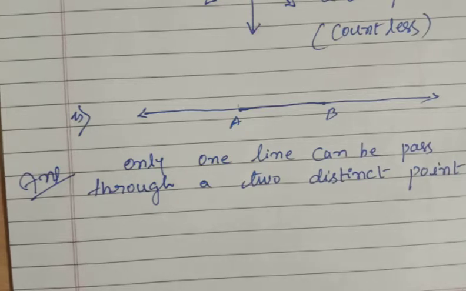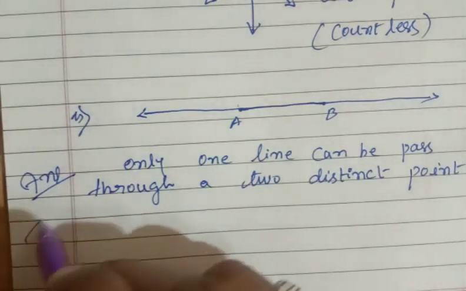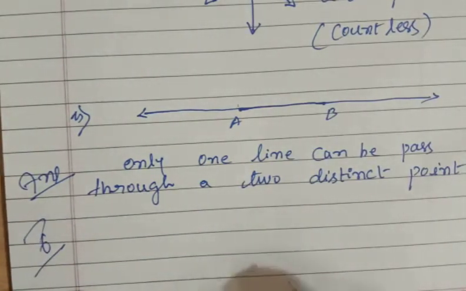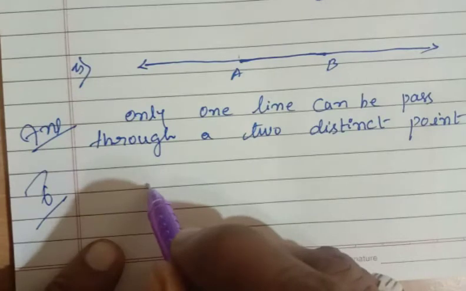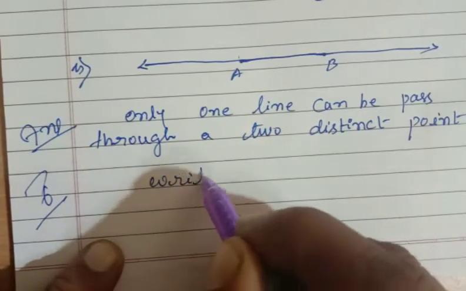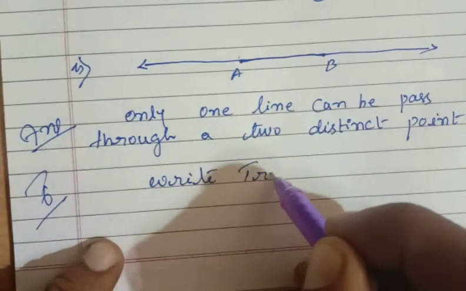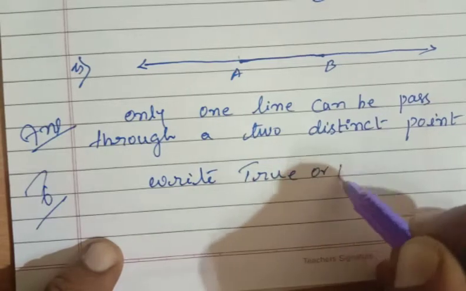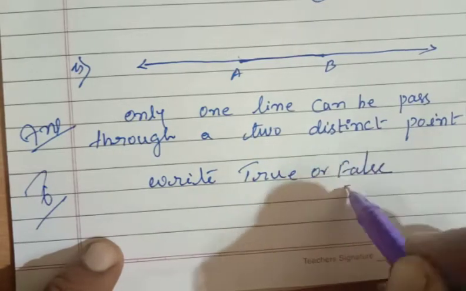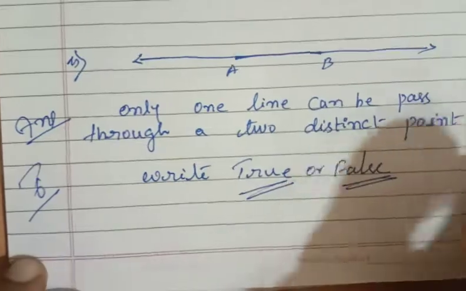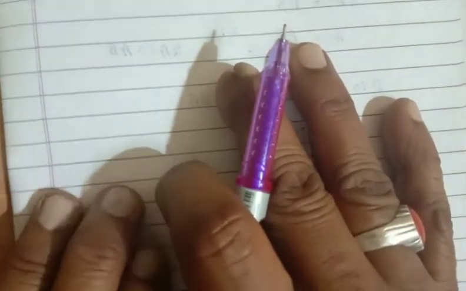Now let's take another question, question number 6. Write true or false. For question 1, draw one figure.